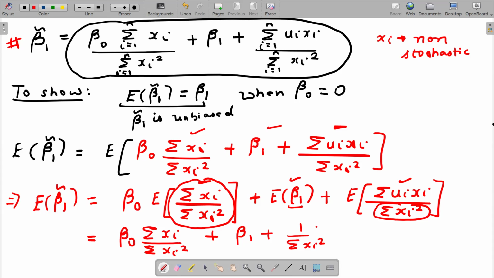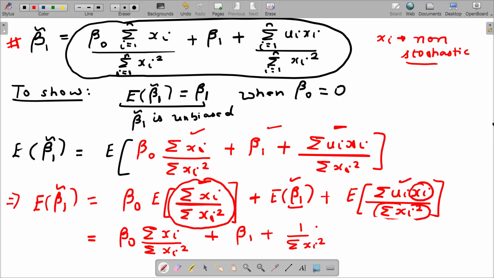I can write summation xi times expected value of ui conditional on x. Or I can just write, for the time being, summation ui xi, let me correct myself. Since we have taken expectations, guys, I can slightly correct this and write summation again, xi is non-stochastic, so it comes out of the expectation.